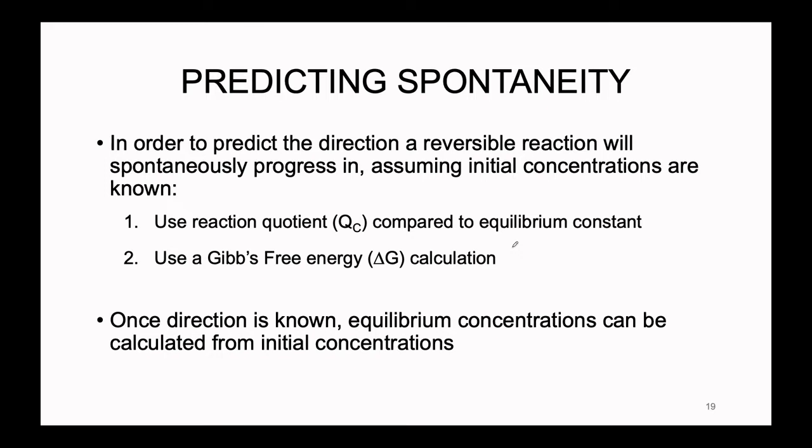All right, so there are a couple of different ways that we can predict spontaneity and what it means in a reversible reaction. So if we want to predict the direction of a reversible reaction, whatever direction it's going to spontaneously move in.